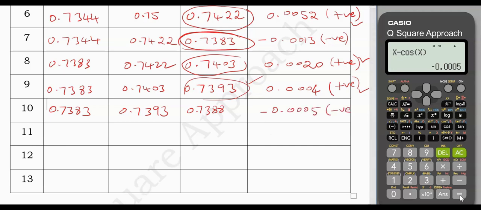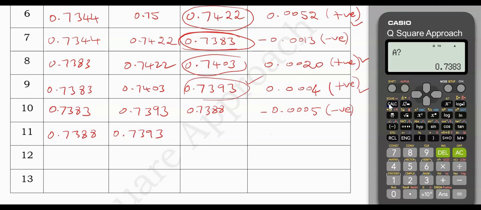0.0005. This is negative, so the root lies between 0.7388 and 0.7393. From the calculator, A is 0.7388 and B is 0.7393, then 0.7391.